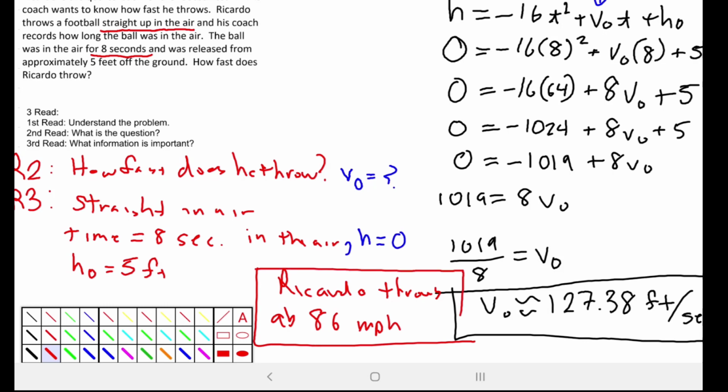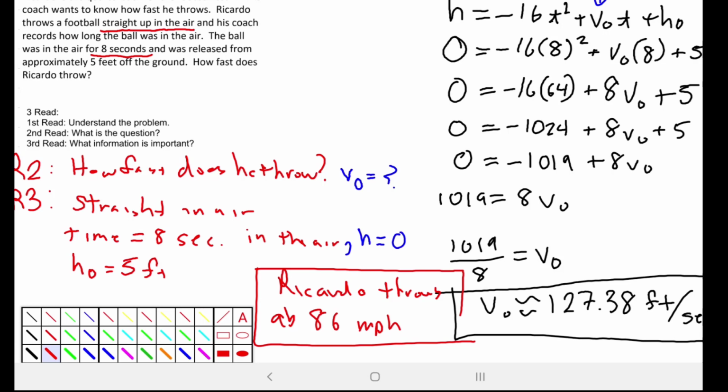All right. But now, what I really want you to understand from this problem is that it gives us a little insight. So we knew two things. Ricardo went outside, he threw a ball in the air, and he also knew the initial height that he let go of the ball. But using those two things, we can figure out the initial velocity of the throw. Now, this is important because later on you're going to have a project where you're going to do this exact same thing.